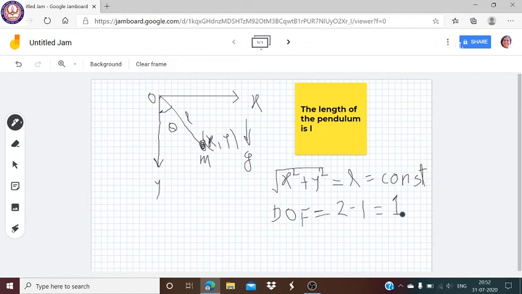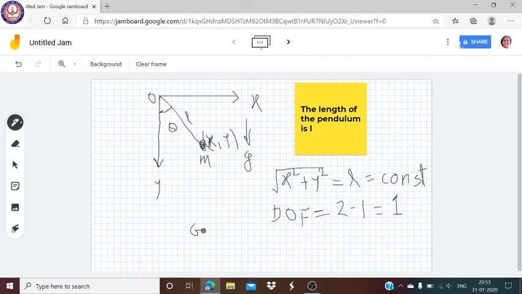Here x and y are not independent of each other: y is equal to the square root of L square minus x square. But if we specify a coordinate in such a way that it independently defines the position at any time, then since we have 1 degree of freedom, the number of generalized coordinates will also be 1.